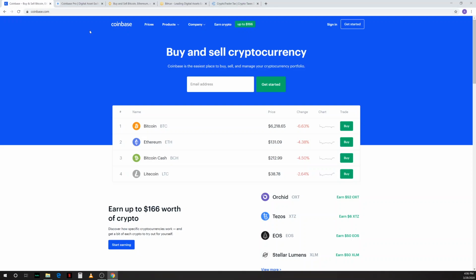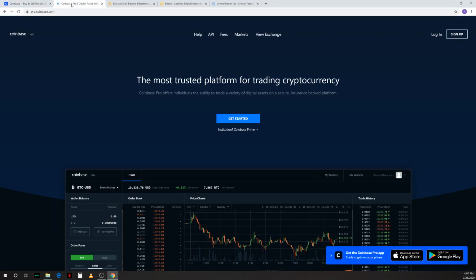So you want to get signed up on as many exchanges as possible. The reason you do that is because it increases your on-ramps and off-ramps, right? Some exchanges that I use that I am fully verified on: Coinbase. When you get signed up with Coinbase, you automatically get a Coinbase Pro account. It's the same credentials to log on.